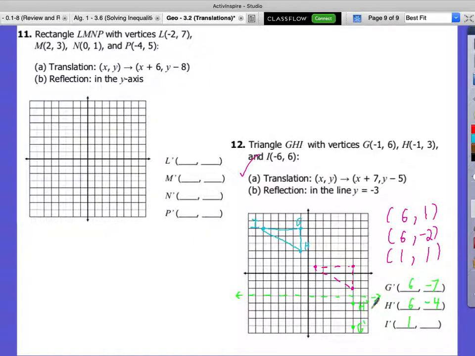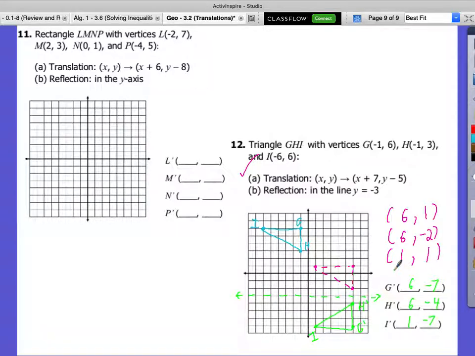How far away is I currently? 4. So how far away does I have to be this way? 4. So it's going to be down here as well.